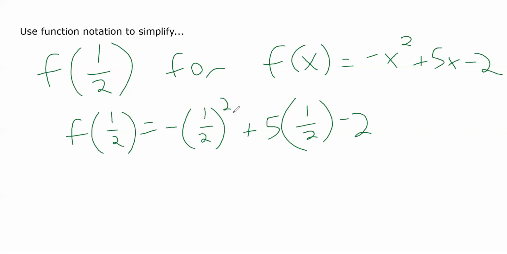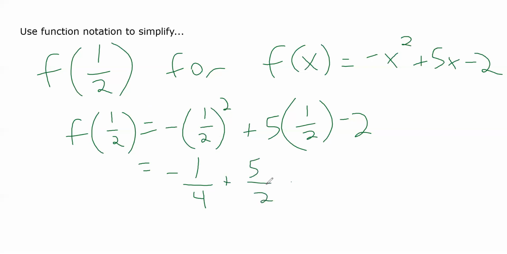The order of operations says you got to do the squaring first, then you apply the negative to it. So follow along with me. 1/2 squared is to take 1/2 times itself, which will give you 1/4. Another way to think about that is an exponent on a fraction, you have to raise the top and bottom to that exponent. 1 squared is just 1, 2 squared is just 4.